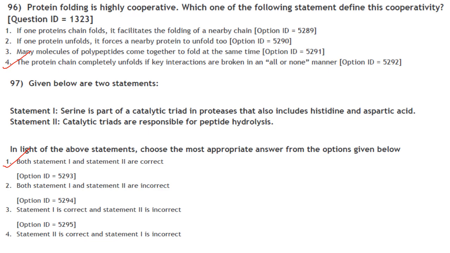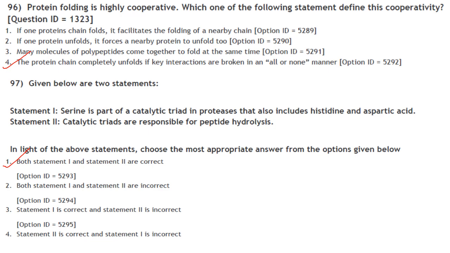Then next one. Given below are two statements. Serine is a part of a catalytic triad in proteases that also include histidine and aspartic acid. Yes, catalytic triads are responsible for peptide hydrolysis. I have already discussed a similar question to this in part 1 with serine proteases.